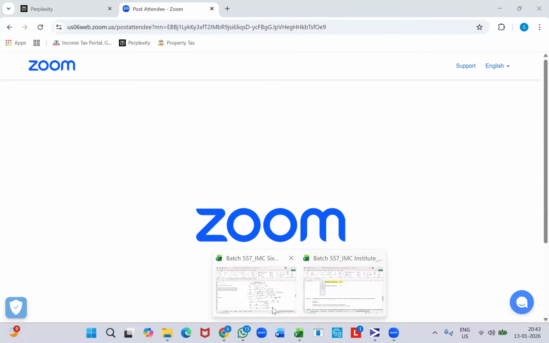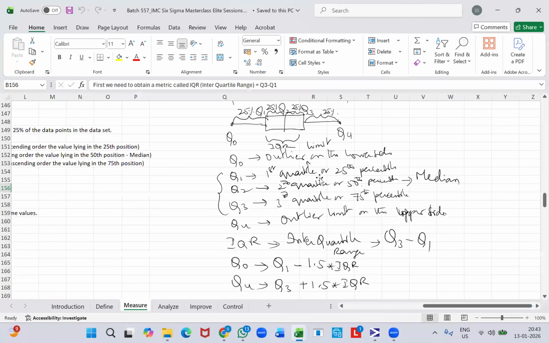The center of the box will be Q2, which is the second quartile or the 50th percentile, and the right hand tip of the box will be Q3, which is the third quartile or the 75th percentile. And finally, we will have the right hand tip of the whisker or the horizontal line, which will be Q4, right? So Q4 is the outlier limit on the upper side of the data spectrum, right?